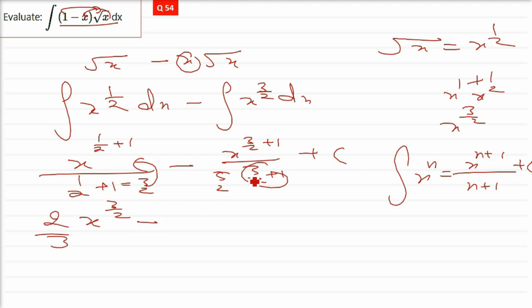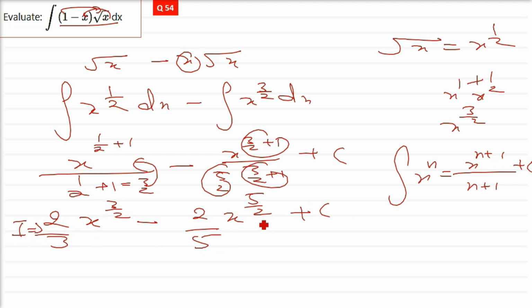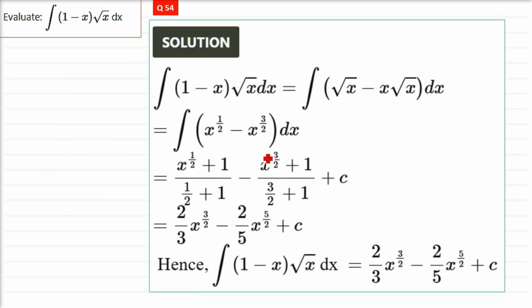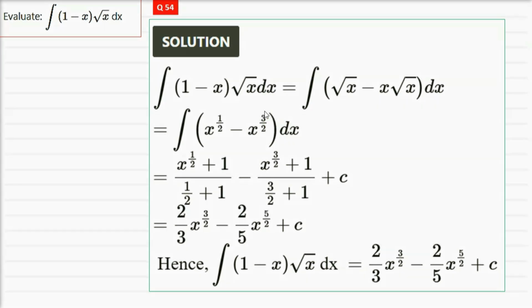And x to the power 5 by 2 divided by 5 by 2, when it goes up 2 by 5 will be formed, plus constant of integration. This is your final result. This is a simple classic example of integration of x to the power n. Just multiply inside and use this formula.